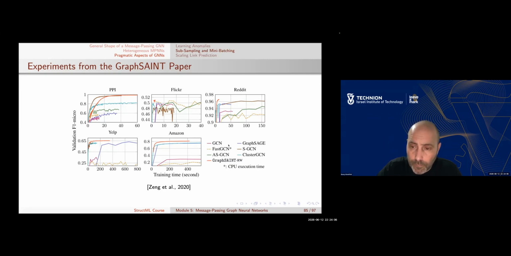And well, they show that basically the graphs show the quality per training time. So you want to reach the higher numbers quickly, and you see that the red lines of GraphSAINT are actually quite good compared to the others.